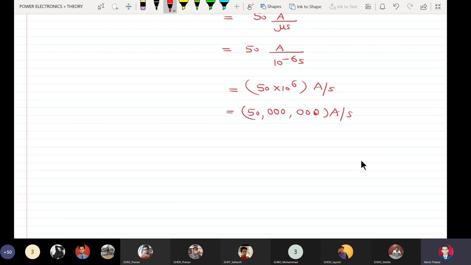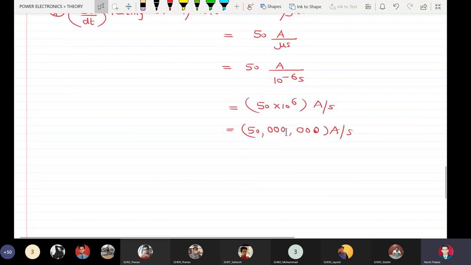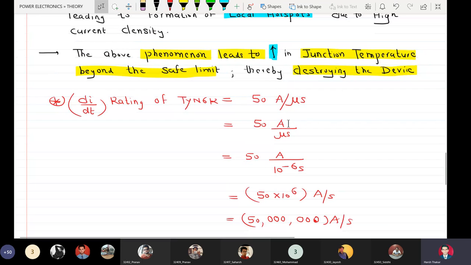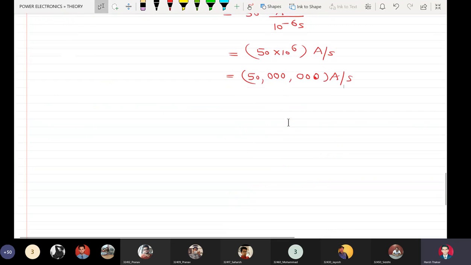So even the basic SCR happens to be a very powerful device which has tremendous capacity to tolerate very high values of change in current per unit change in time. Okay, it's actually huge. And the data sheets say that more powerful SCRs have di by dt ratings of up to 800 ampere per second.